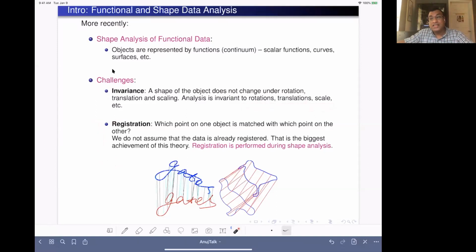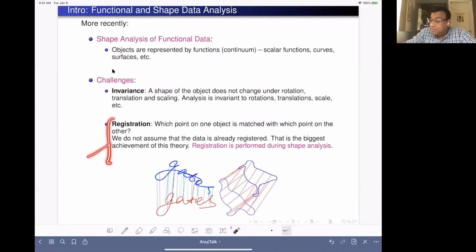If you zoom in and zoom out with your camera, the shape of the object remains the same; the object just scales up and down. So how do we do calculus, how do we do statistics that is invariant to these things? That's one of the challenges. This invariance makes our analysis non-Euclidean.